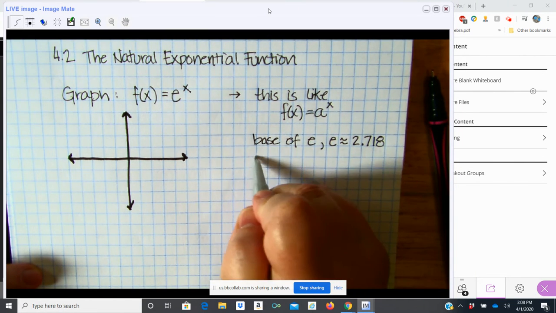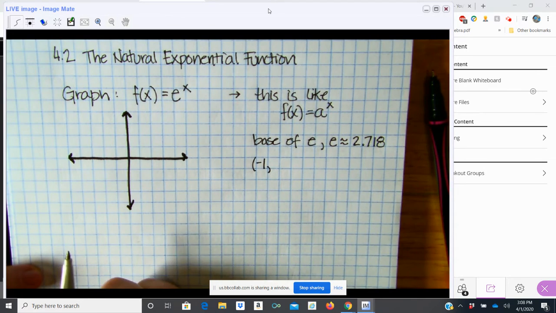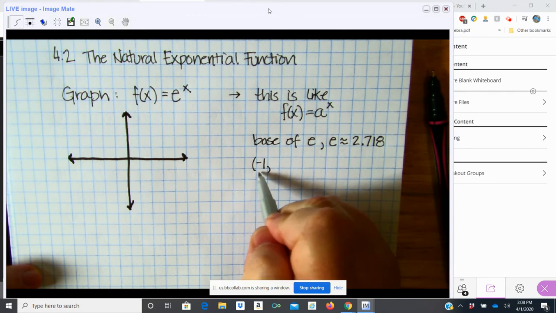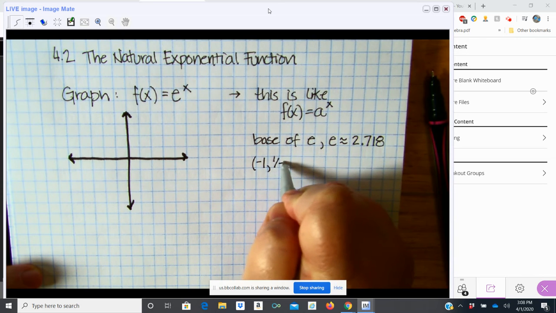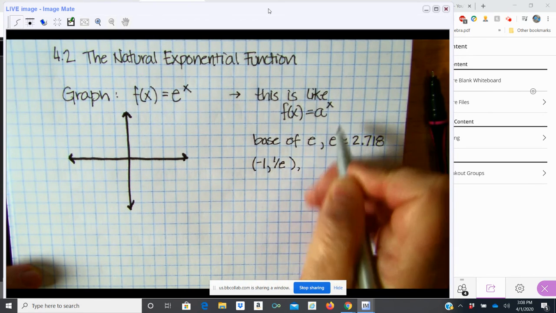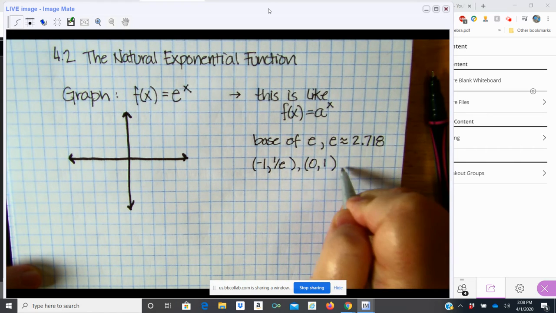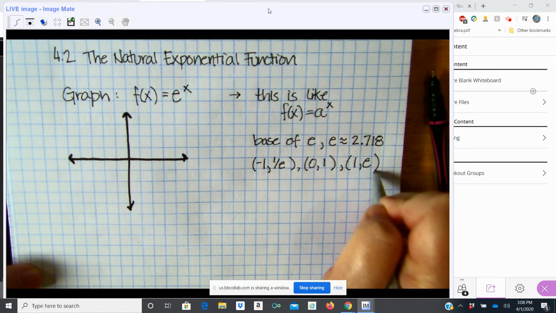This gives us the same 3 base points, in that you would have a negative 1 over e, 0 would be a 1, and you'd have a 1, e.